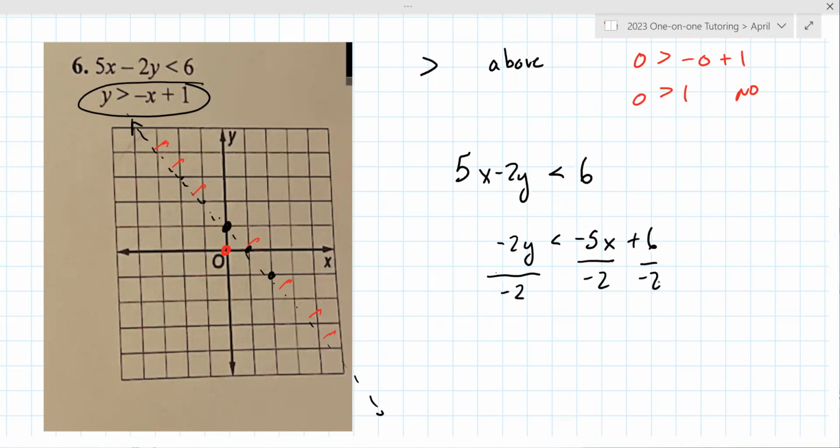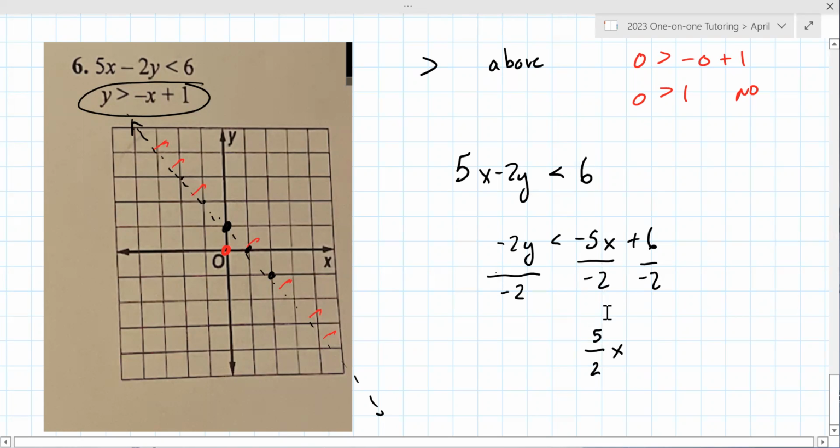What's the -5x over -2 go out to? Does it stay the same or what? The signs cancel and you're left with just 5 divided by 2 times x. And it's written this way where the x is off to the side so that you can see the slope. 5 over 2. Got it.